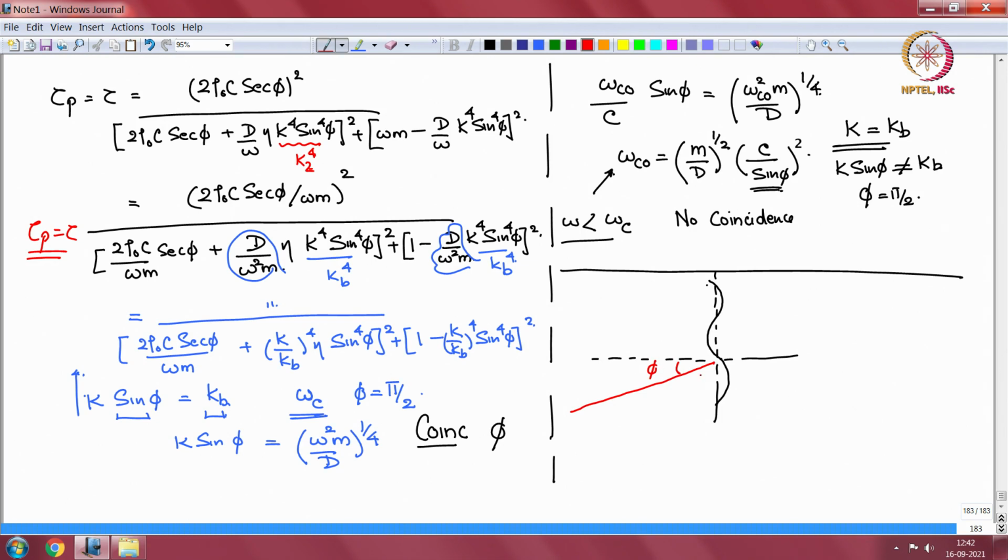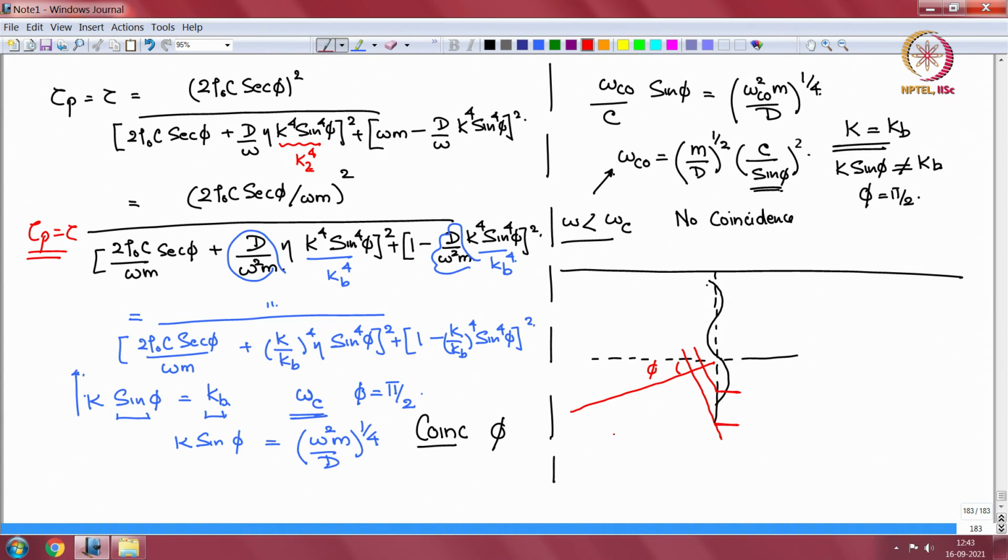So if phi is becoming smaller, what will happen is that the trace wavelength will become bigger.